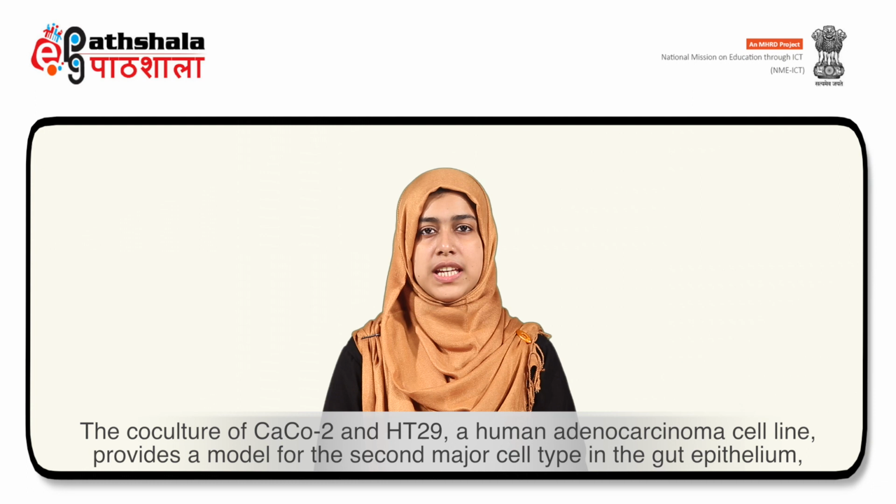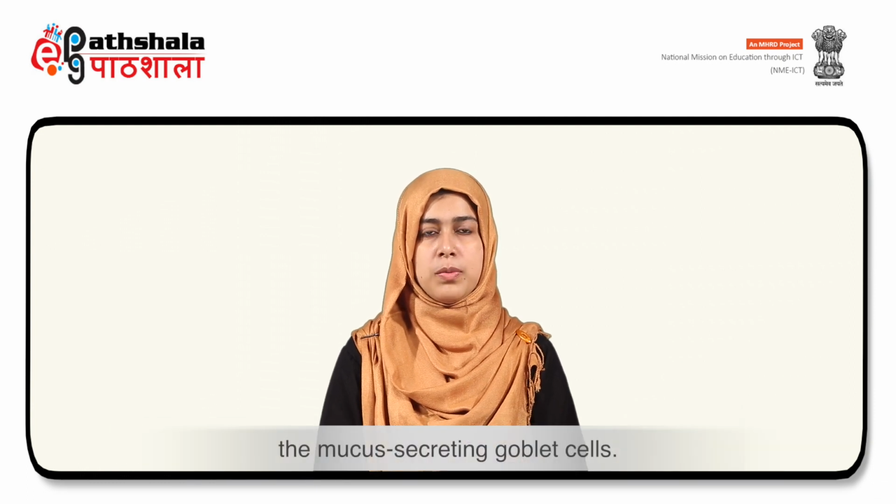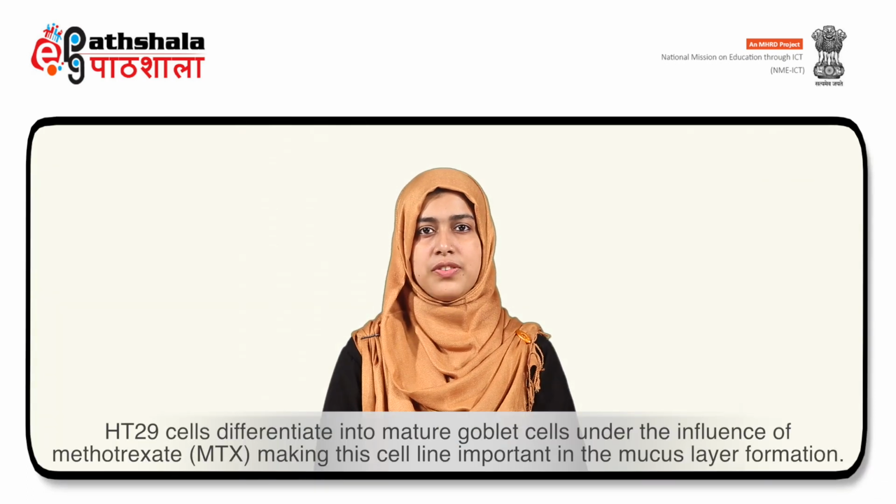The co-culture of Caco-2 and HT29, a human adenocarcinoma cell line, provides a model for the second major cell type in the gut epithelium, the mucus-secreting goblet cell. HT29 cells differentiate into mature goblet cells under the influence of MTX, that is methotrexate, making this cell line important in the mucus layer formation.